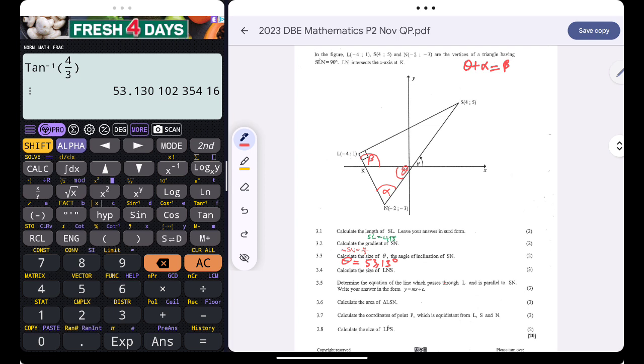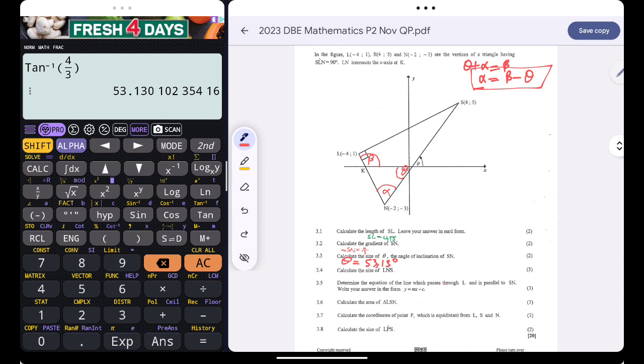Because beta is an exterior angle of this triangle. So for me to find alpha, I'll simply say beta minus theta. Beta is an inclination of line LN, and theta is an inclination of line SN. So if you find the two inclinations and subtract them, you will find your angle.